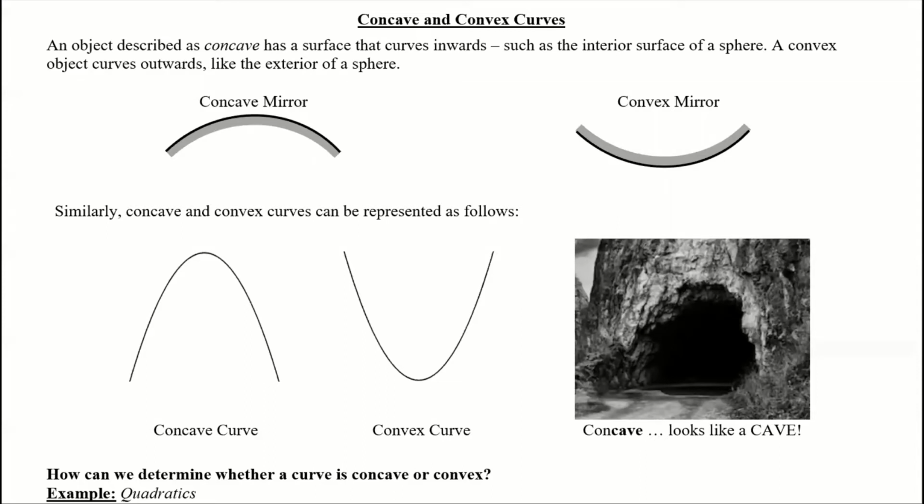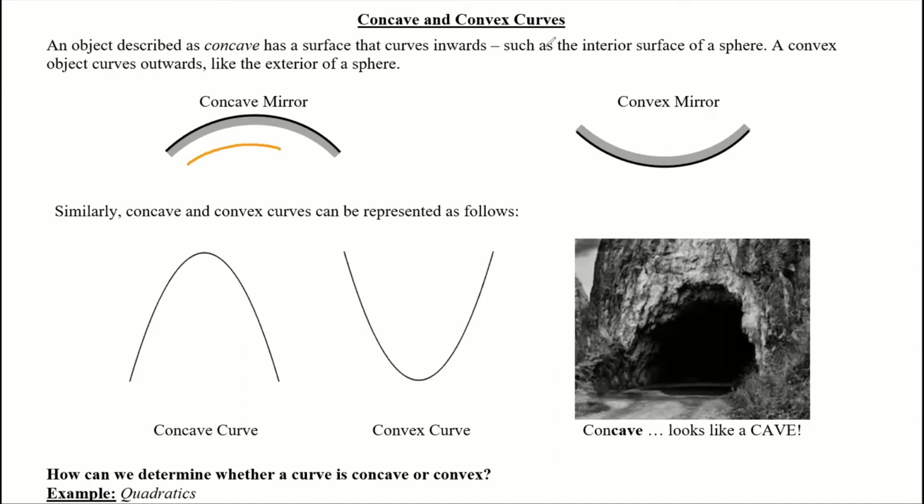All right, so we're going to have a look at the concept of concave and convex. Now, I'm going to use some analogies here. We've got a concave mirror and a convex mirror. So as it states here, if an object is concave, it's a surface that curves inwards, such as the interior of a sphere. And if you'll notice, if we go from left to right, as I'm going to do now, on this surface, this is like a concave mirror with the gray part being the actual mirror part.